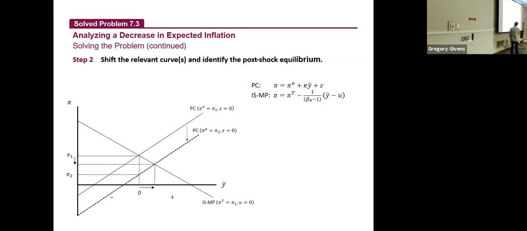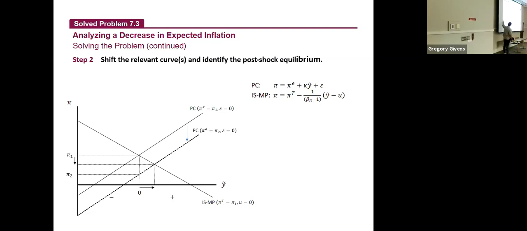So notice that the Phillips curve is shifting down, and by how much does it shift down? Well, let's say, what's your name on the back row again? Doug? Let's say that expected inflation falls from pi 1 to some new pi 2. It's just a low 2% to 1%, let's say, okay? Then how much is the Phillips curve going to shift down by?